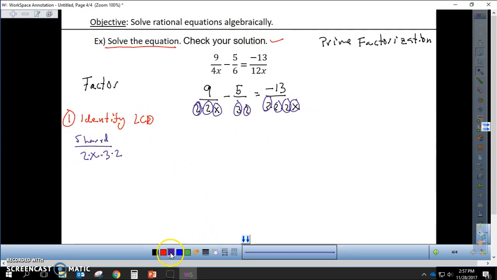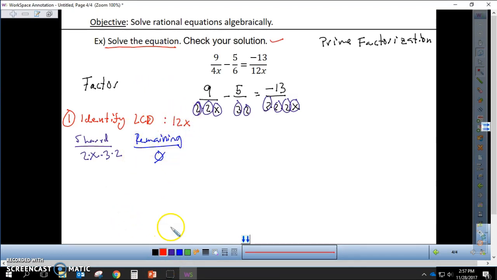I have no remaining factors. Okay, so our LCD is 2 times x times 3, which is 6x, times 2, which is 12x. So this is our LCD, 12x.